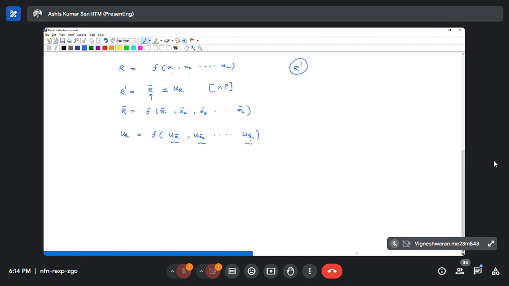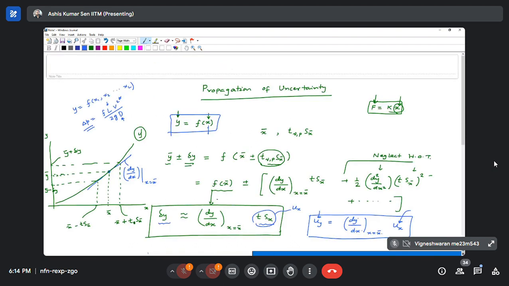Like in the previous example I gave, it is a function of the length of the tube, the diameter of the tube, the velocity inside the tube. So uncertainty in velocity, uncertainty in diameter, uncertainty in length can affect the uncertainty of the pressure. Okay, and from the results of the single variable case that we talked about, we know that the uncertainty in the dependent variable would be related to the uncertainty in the independent variable through this gradient, right?